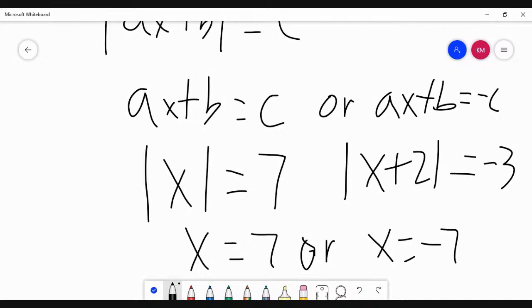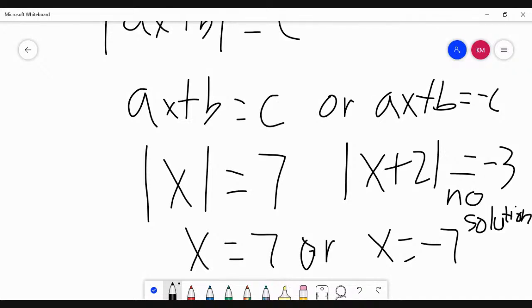Therefore, there is no solution to an absolute value equaling a negative number.